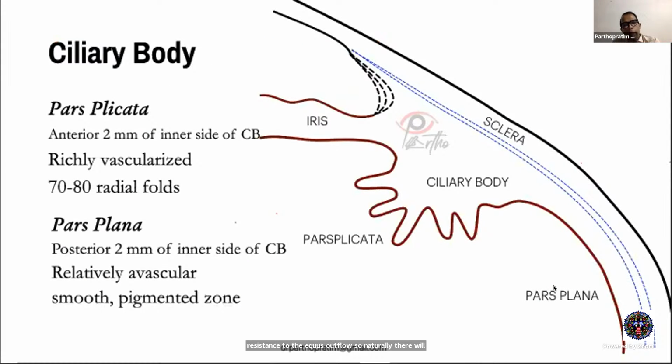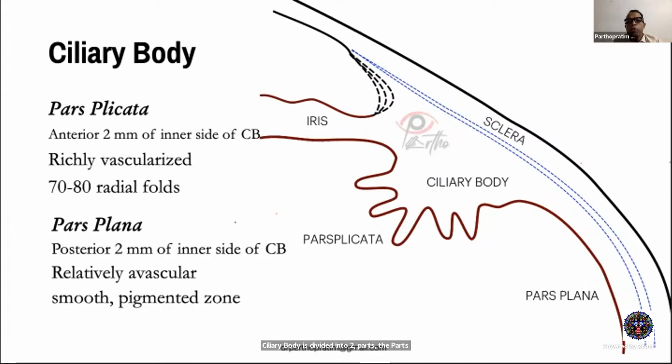Now let's move to the place from where the aqueous will start originating. So let's come to the ciliary body. The ciliary body is divided into two parts, the pars plicata and the pars plana.